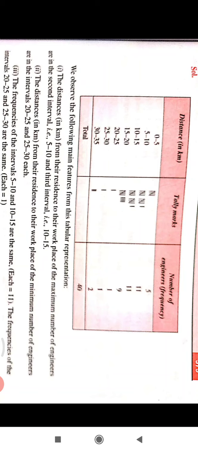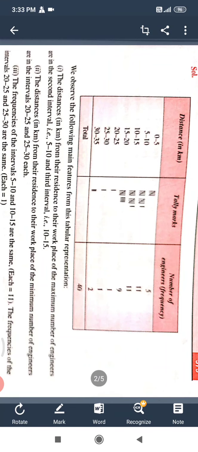Now 30 to 35, you have to consider only 30 to 34, not included 35. There will be only two numbers, 31 and 32. So make tally mark 2 lines and frequency 2.